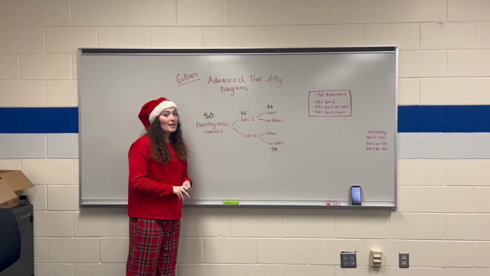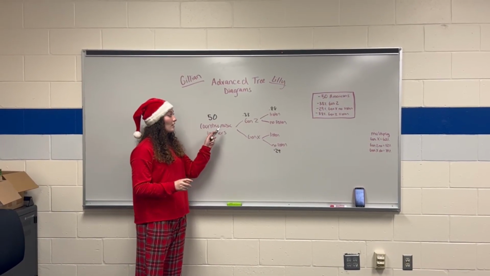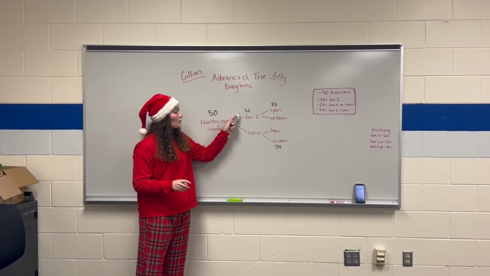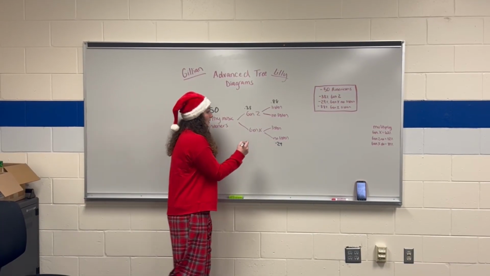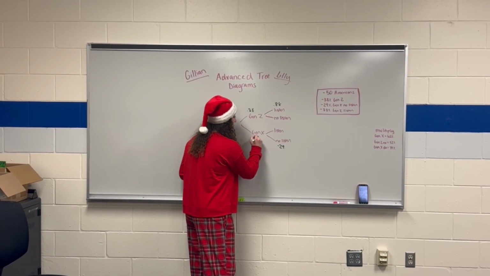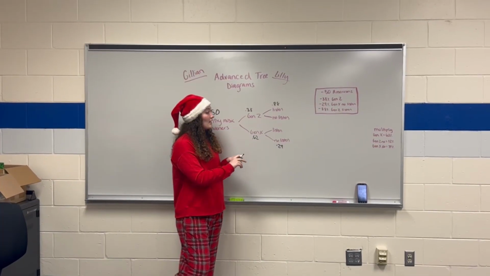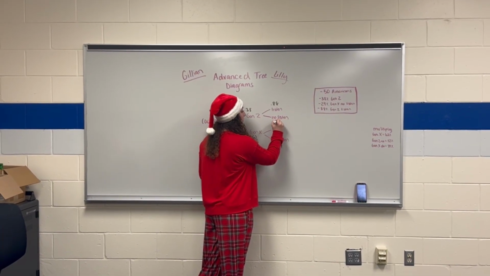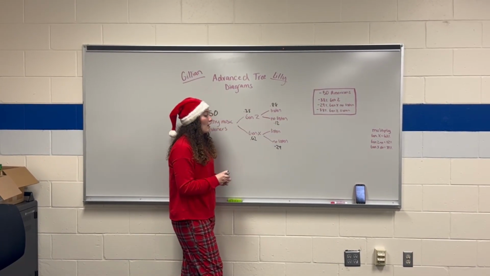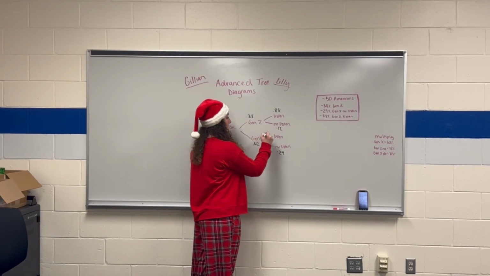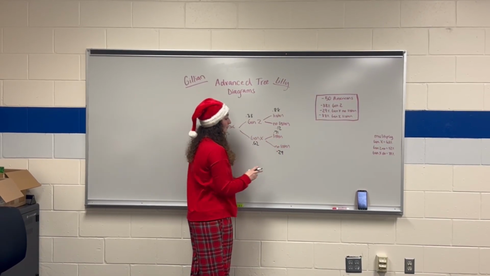From there, you're gonna take everything from 100. So 100 minus 38 is going to be 62, so 0.62. 100 minus 88 is going to be 12. And then 100 minus 29 is going to be 0.71.